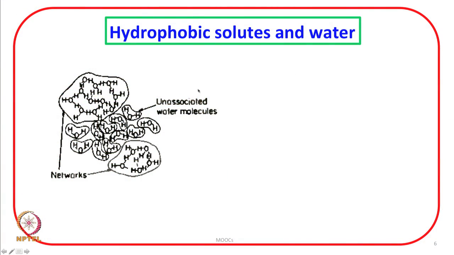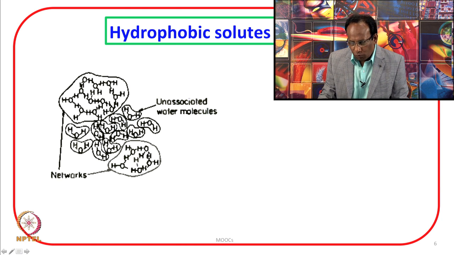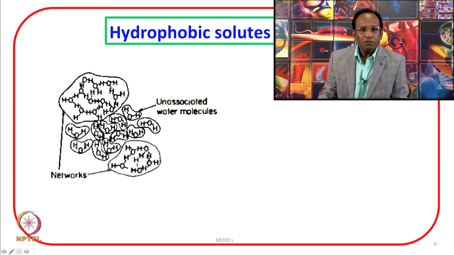Let us take a look at the next slide. And let us once again examine the structure of water. If I add any solute which will shift the equilibrium towards the more hydrogen bonded network, let us call that a structure maker.